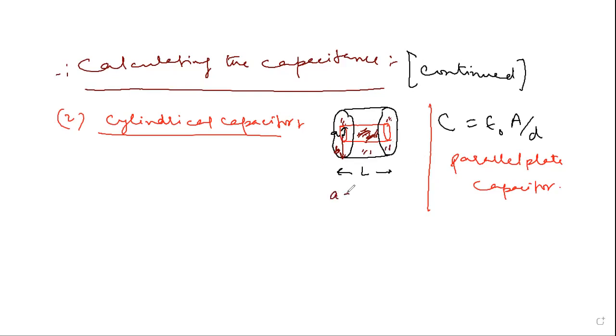So A is the radius of inner solid cylinder.